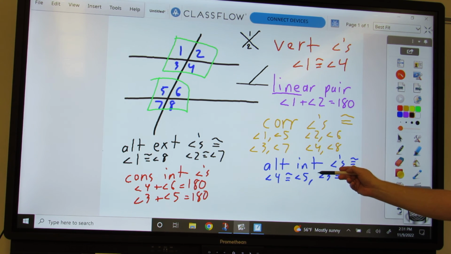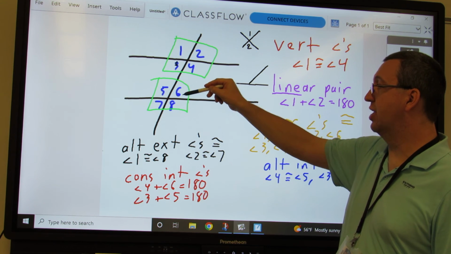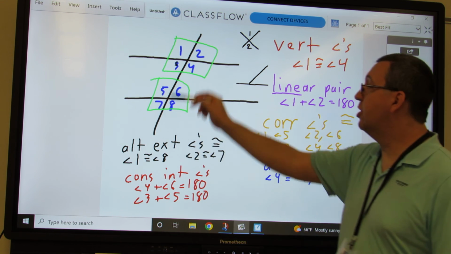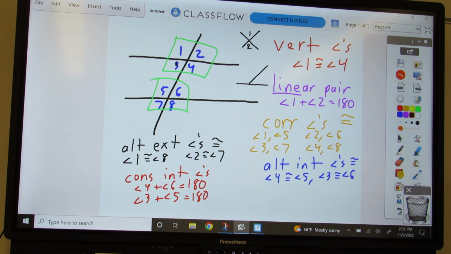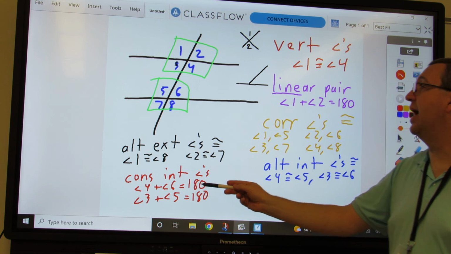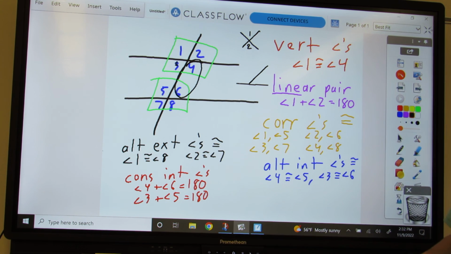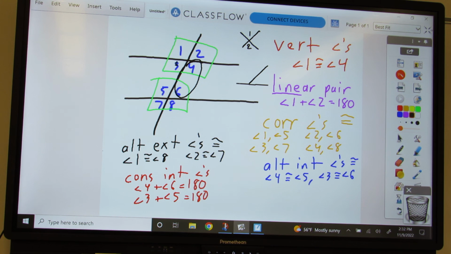Alternate interior angles are congruent, they're on opposite sides of our transversal, our line that goes between, but they're in between our two lines. Alternate exterior go on opposite sides of our transversal, but they're outside of the other two lines. And consecutive interior, the ones that add up to 180, are on the same side of the transversal and they're inside. So those are our 6 types of angles that I can use to solve this whole thing.